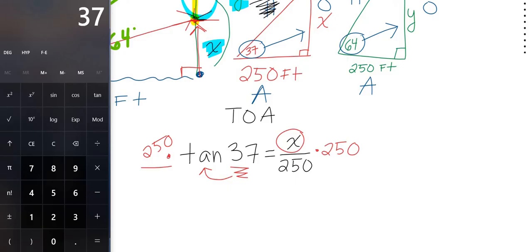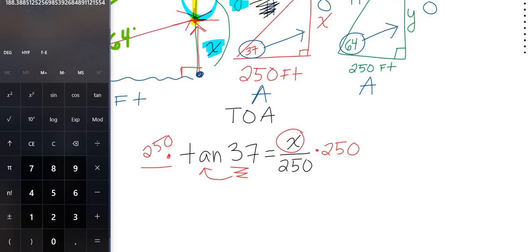37 tan, which is approximately 0.7535. It's going to show you what the tangent of 37 is. Then you're going to multiply that by 250. Hit equals. 188.3885. I'm going to go out 4 decimal places because I want to be safe.